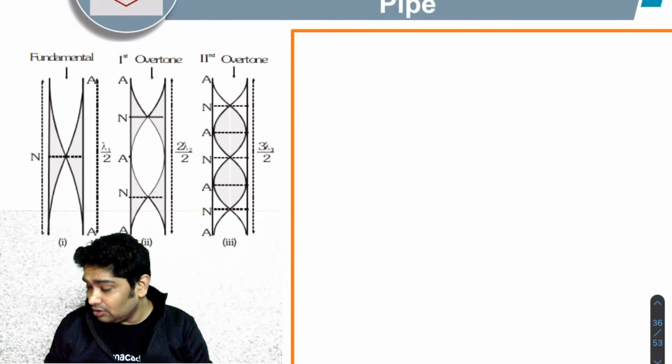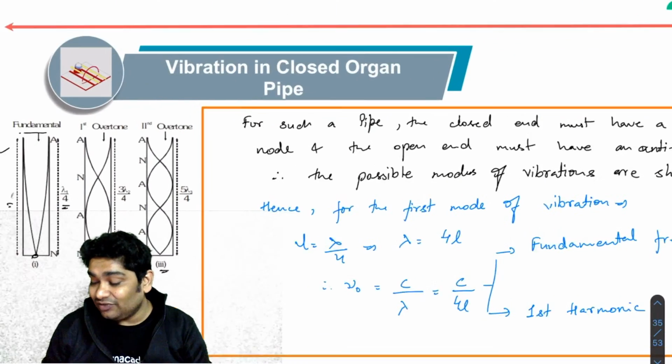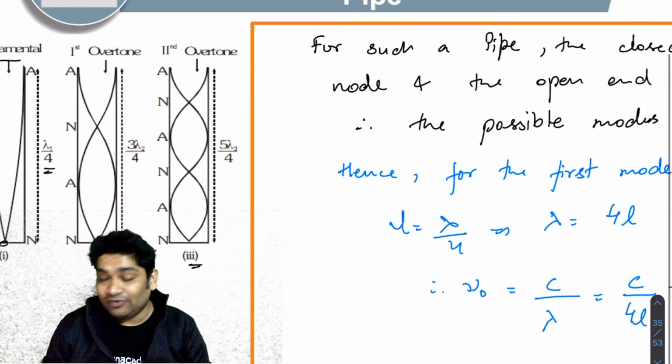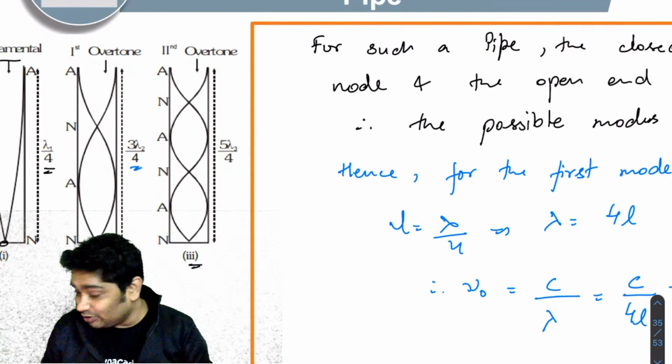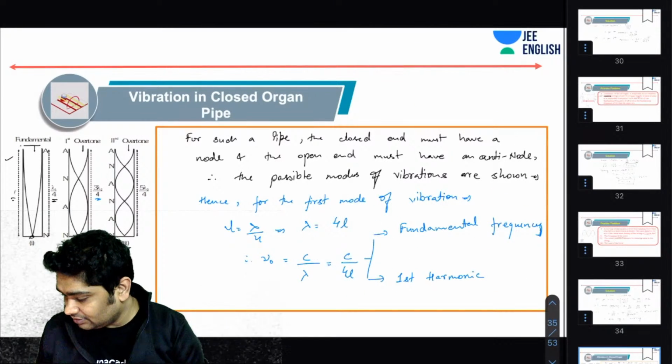Okay. This is a closed pipe. So this entire length would be 3 lambda by 4. Okay, so maybe I'll have to add a page here. Let's add a page here.